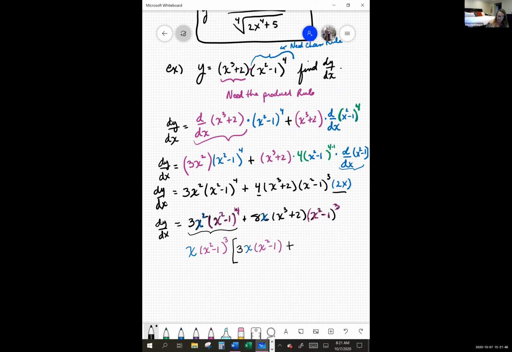Plus, same idea, let's look at what we pulled out from this grouping. So we pulled out the x, we're left with that 8. We have that x cubed plus 2. But we factored out x squared minus 1 quantity cubed, so there's just 1 left there for that piece. I don't have to write it.